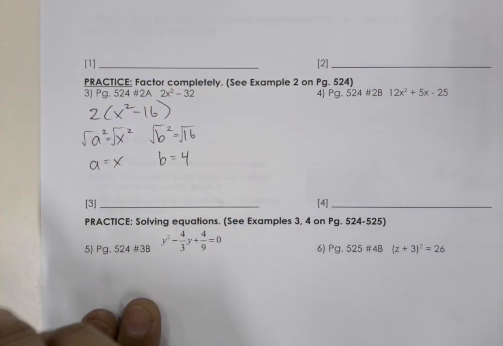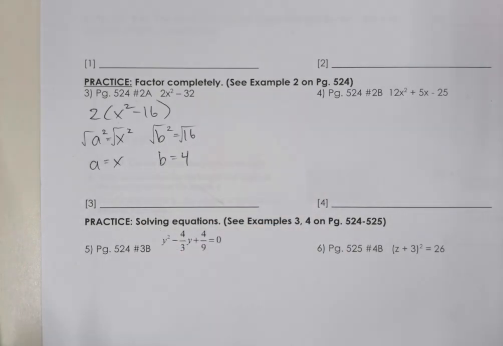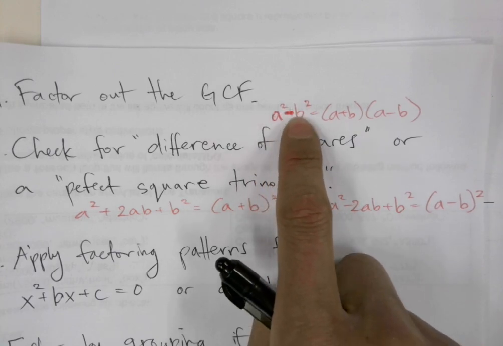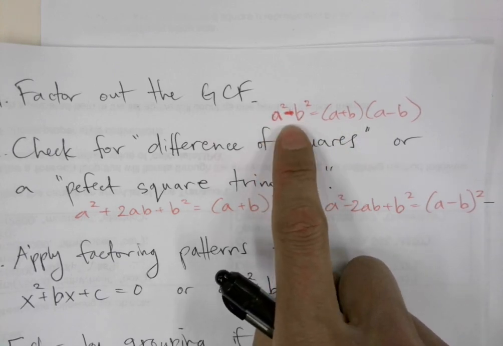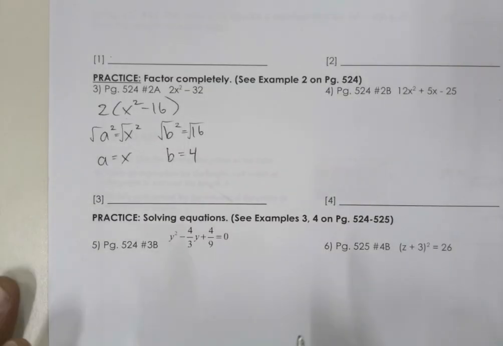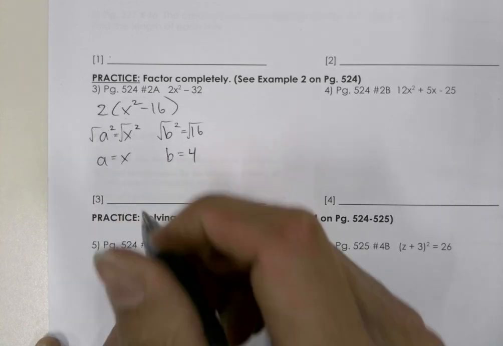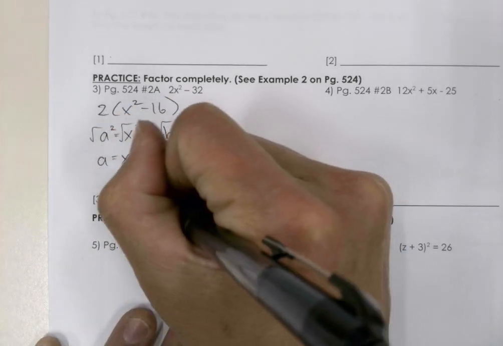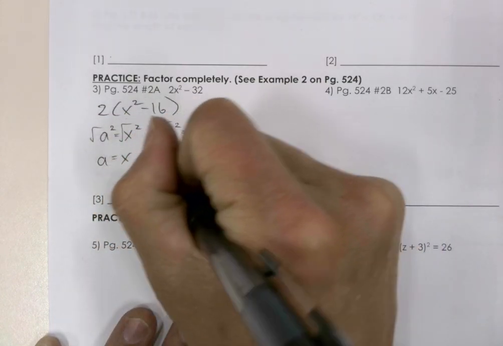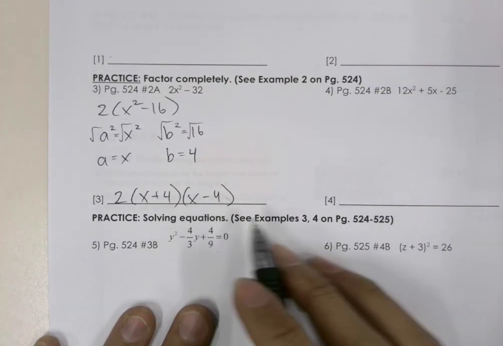Then we can write out our factors using this pattern, because it's a squared minus b squared. We figured out what a and b are, and we can just stick them into the template, which will give us our factors. So starting with 2, it'd be 2 times (x plus 4)(x minus 4). All right, so that one's done.